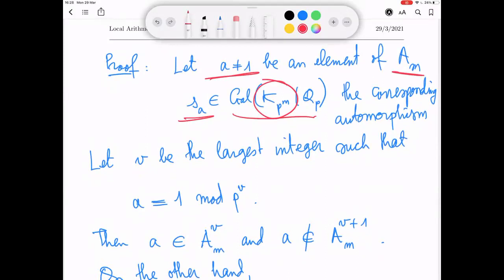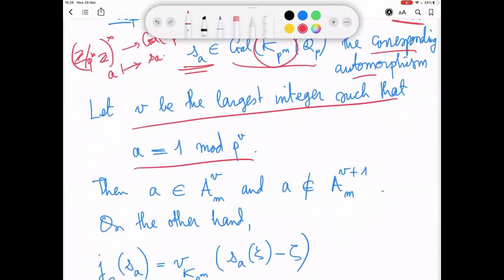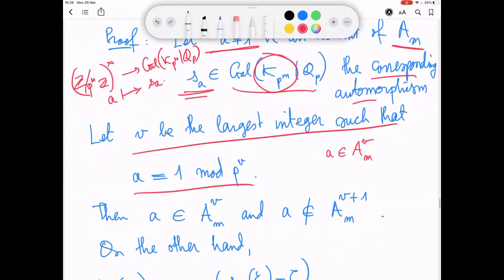This is the isomorphism (Z mod p^m Z)* to the Galois group of K_{p^m} over Q_p, denoted s going to s_a. So s_a is this automorphism, and let v be the largest integer such that a is congruent to 1 modulo p^v. So v is the largest integer such that a belongs to a_m^v. That's what it means, right?